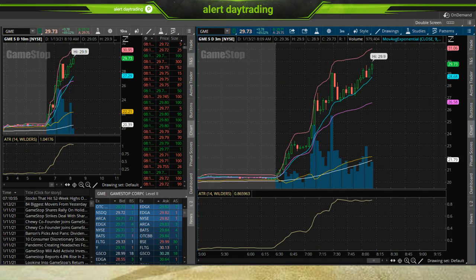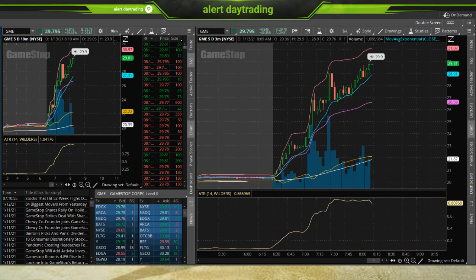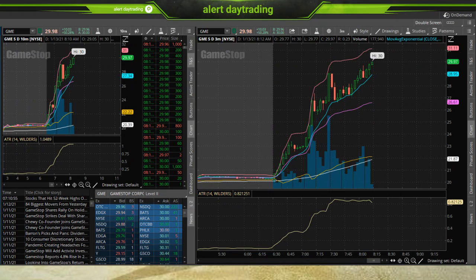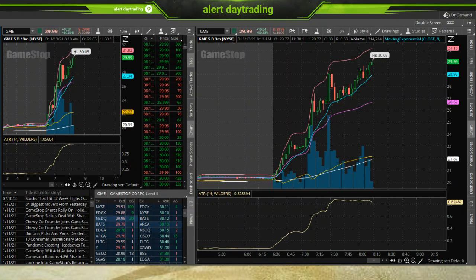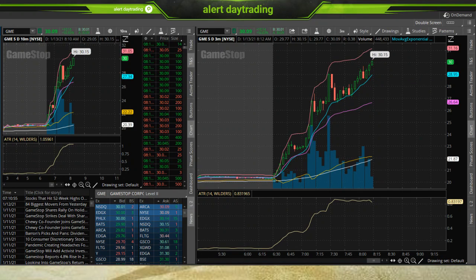So right now I'm going to raise my stop loss to break even, which is 28.20s. Let me just do that really quickly before I forget. So 28.20s will be my stop loss.